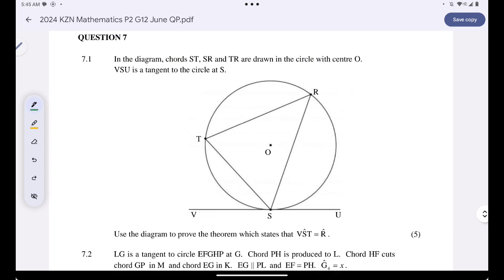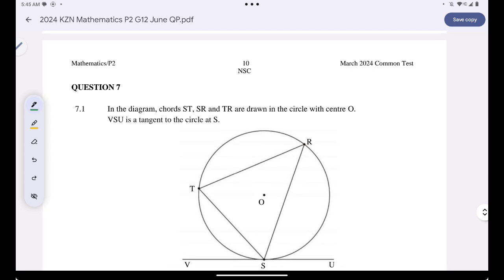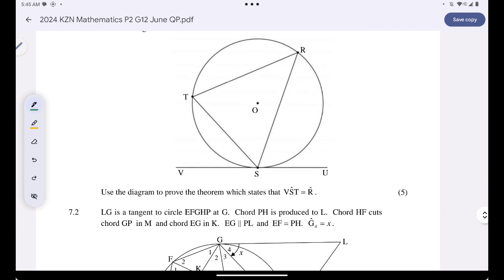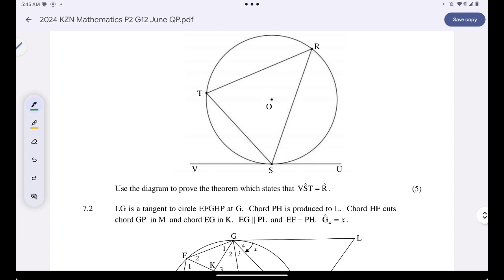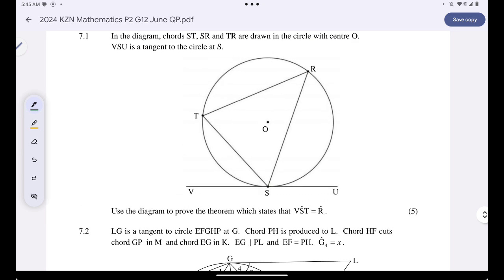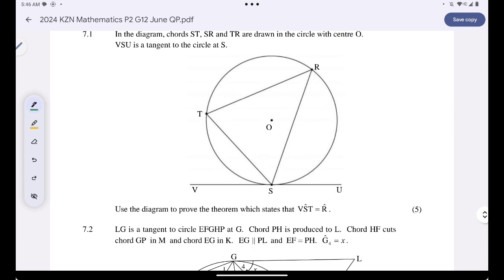I'm tempted not to do the proof because I want to make a video doing the proofs. Okay, but let me just do it. Whenever you prove theorems, you must always construct lines. In this case, we are supposed to show that this angle is equal to this one. Right, together. How can we do that? We can do that by firstly constructing a diameter.